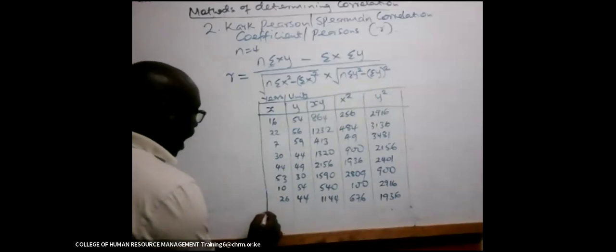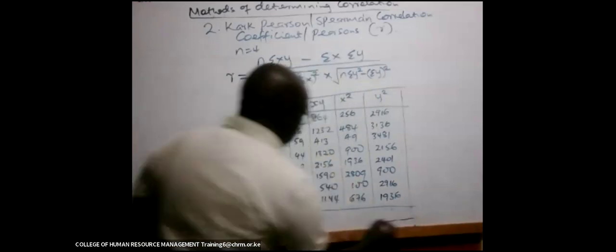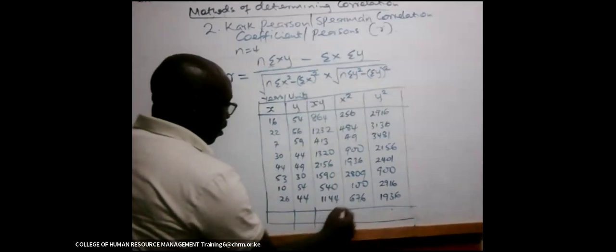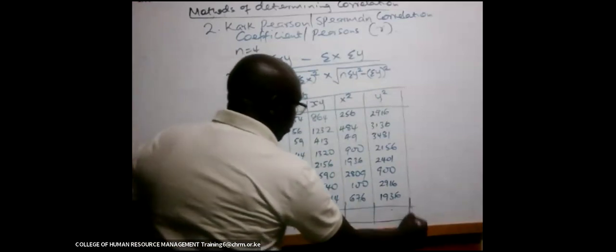So then you add all these columns. Add them. Starting with x, 16 plus 22 plus 7 plus 30 plus 44 plus 53 plus 10 plus 26.